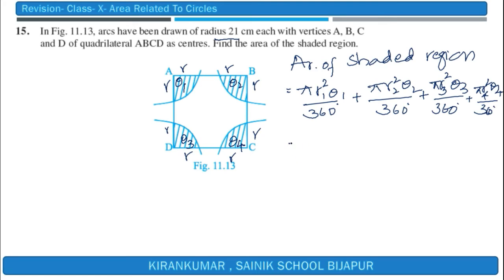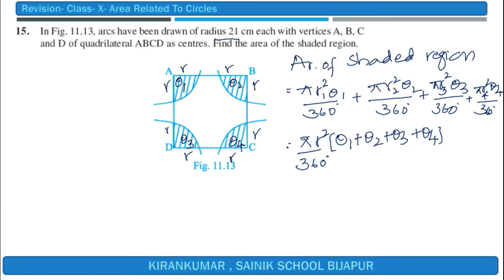Here pi by 360 degrees I can take as common, and r square can be taken common because all the radii are equal. What we get is theta 1 plus theta 2 plus theta 3 plus theta 4.